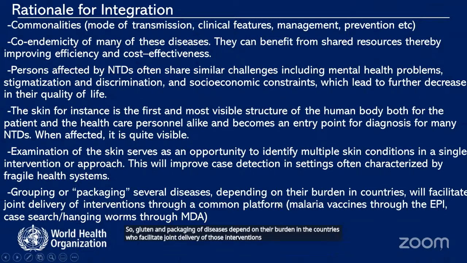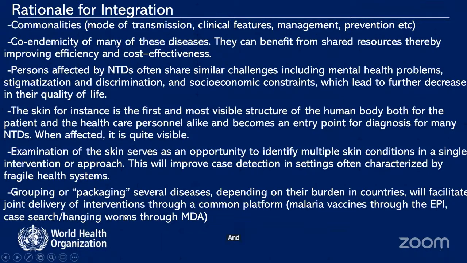through a common platform. An example is the malaria vaccine. It is being delivered through the EPI system, which is very, very effective. And then also for the mass drug administration, we could use the same mass drug administration to also search for hanging worms, for instance, that is guinea worm.